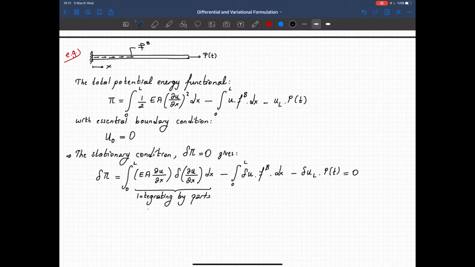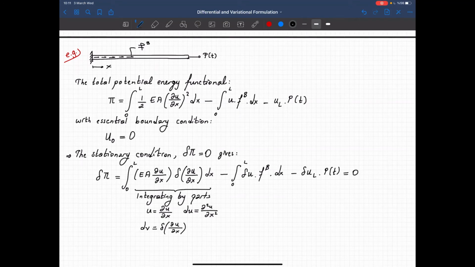So I'll say u is equal to ∂u/∂x. In that case, du becomes equal to ∂²u/∂x². And I'm taking dv as equal to the variation in ∂u/∂x.